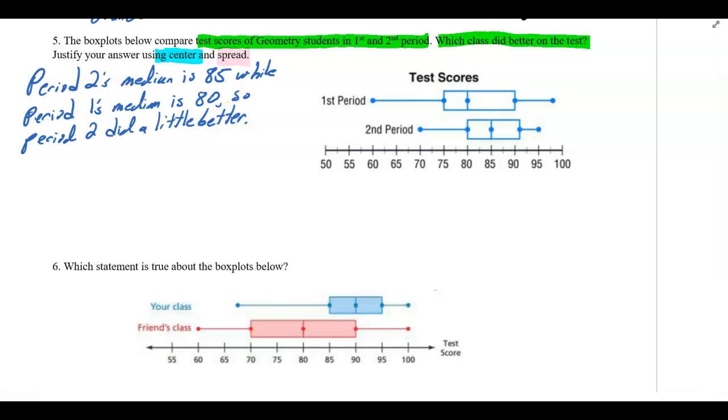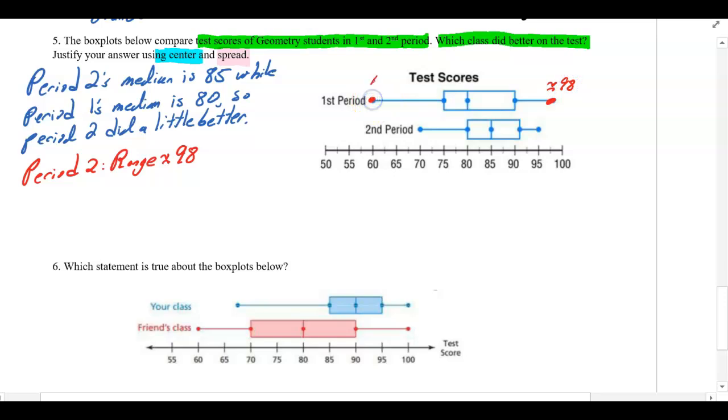Then in terms of spread, we could use range or interquartile range. So for period 1, the range is approximately, it looks like maybe 98. I'm estimating this point here to be approximately 98.